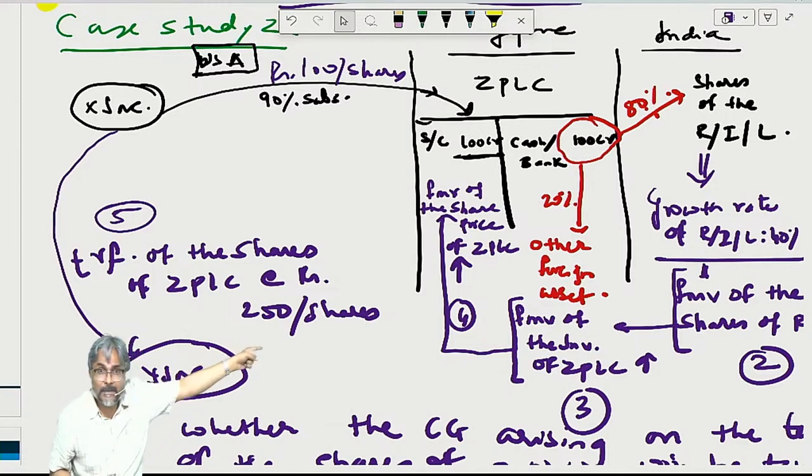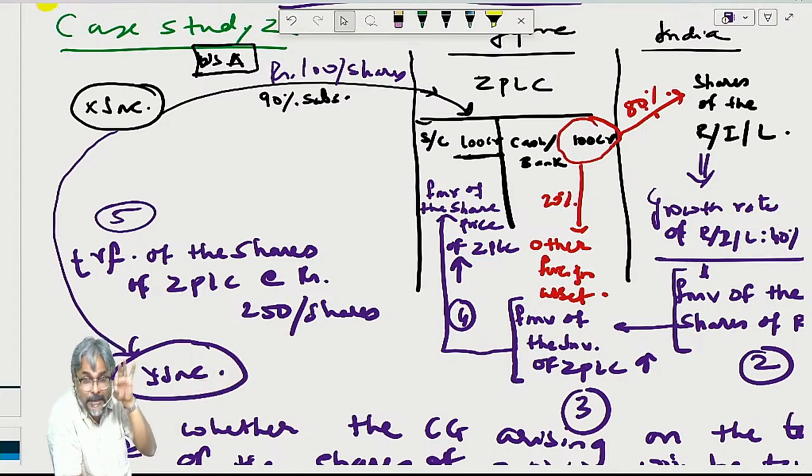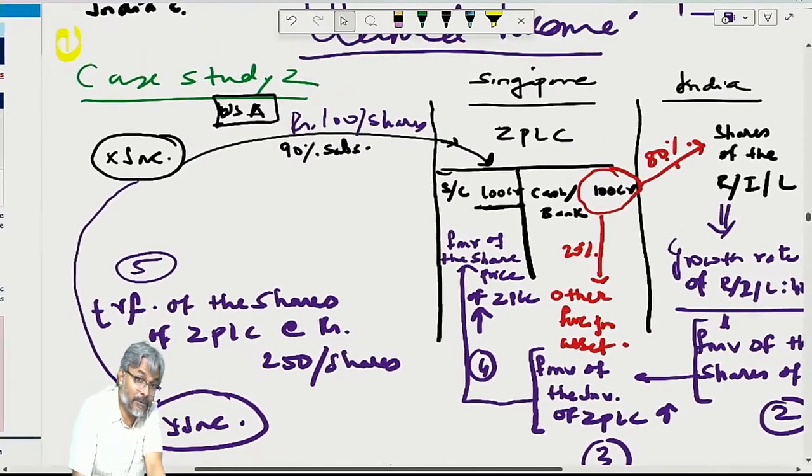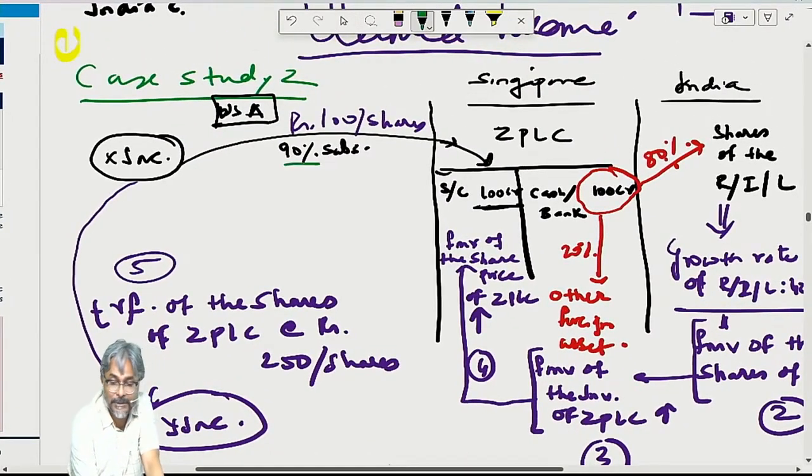And to target XINC, to stop his nefarious activity, illegal thoughts, tax evader thought, we have introduced Explanation 5 to section 9(1)(i). I told you that he is a 90% shareholder. It means 10% will be someone else, no?